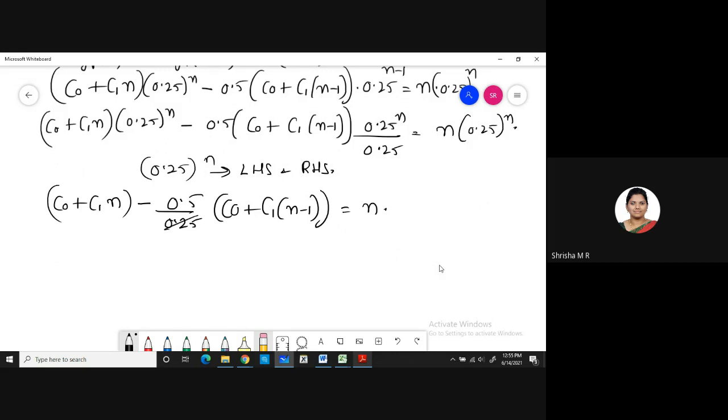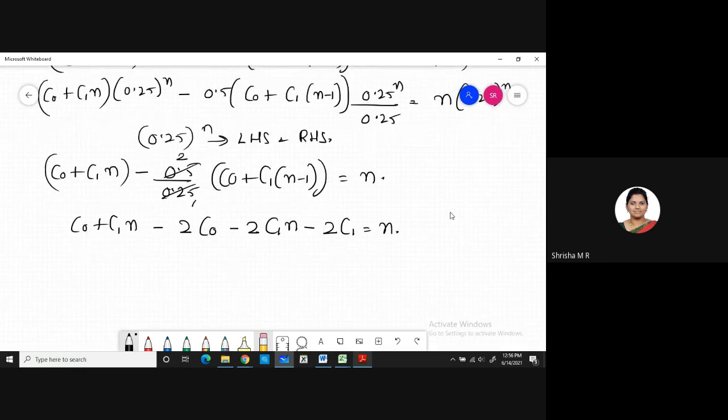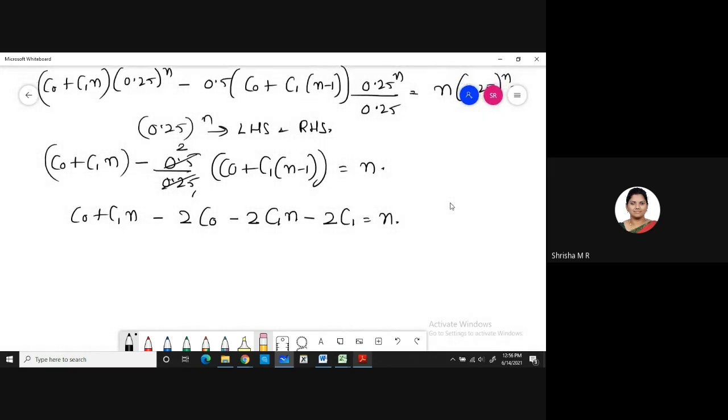If you solve this, you get 2. So you have C naught plus C1n minus 2 C naught minus 2 C1 into n minus 2 C1 is equal to n. I am just multiplying that with 2 and splitting this. C1 into n minus C1, I am multiplying it with 2. Got it, everyone?